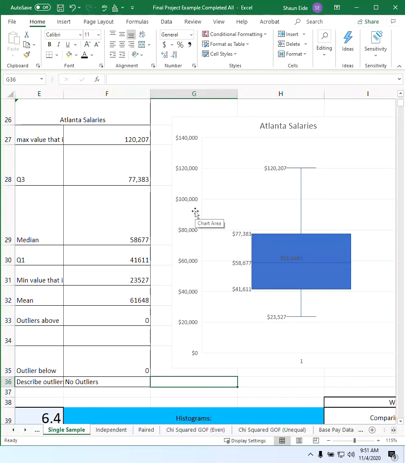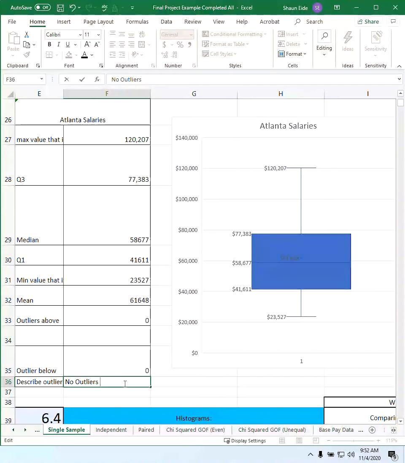So if you do have outliers, you would say these are the outliers below at this value and this value. These are the outliers above at this value and this value. That's how you would describe it. So, 2 outliers below at 20,000 and 18,000, and then 2 outliers above at whatever.